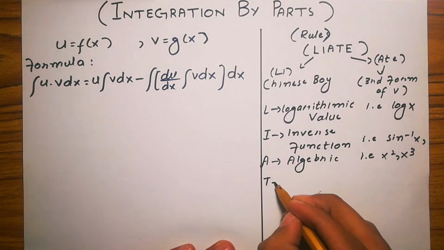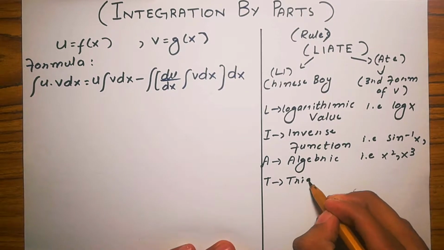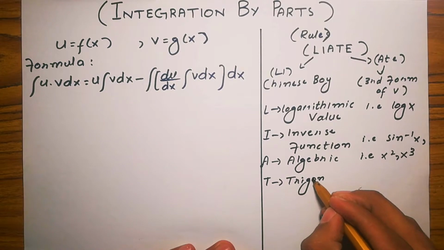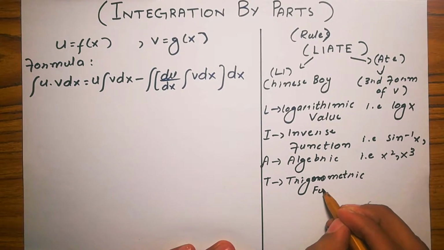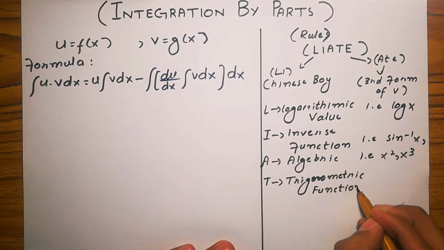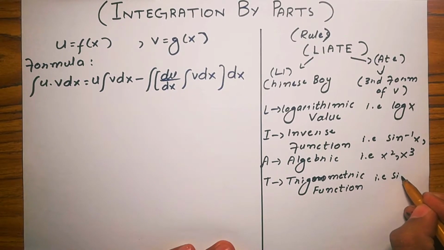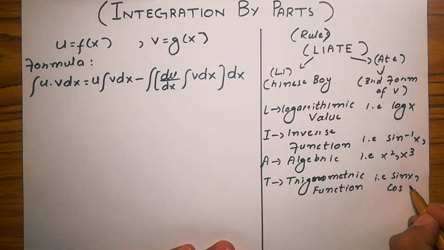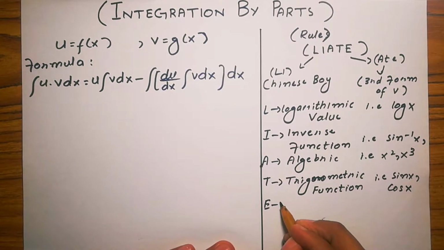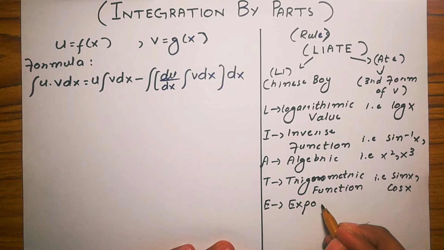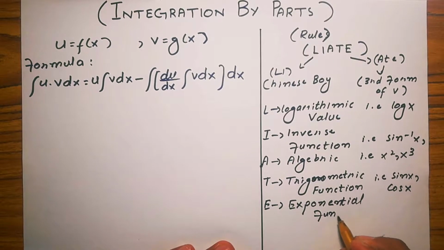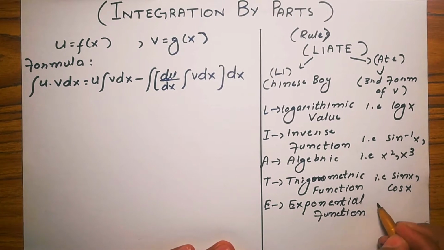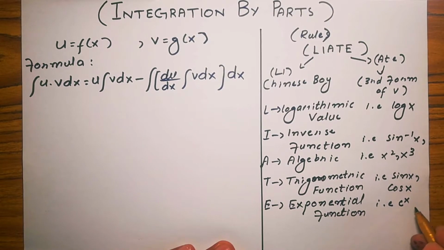After that, T is trigonometric function, that can be sin x or cos x. And after that, E is exponential function, that can be e raised to the power x or a raised to the power x.